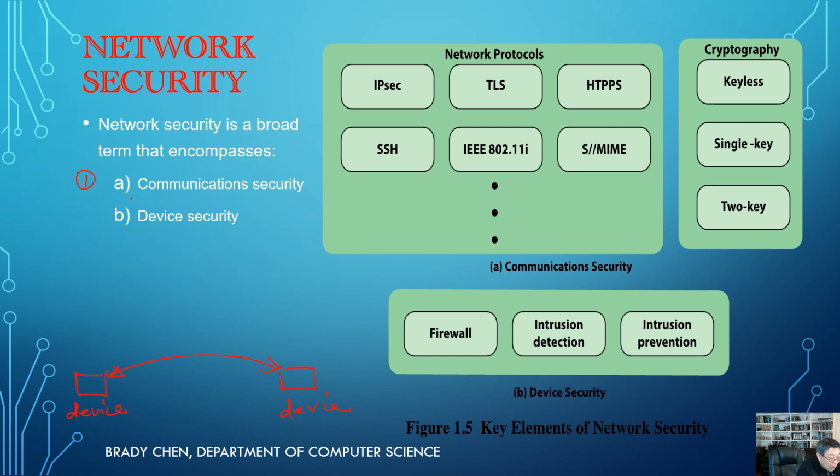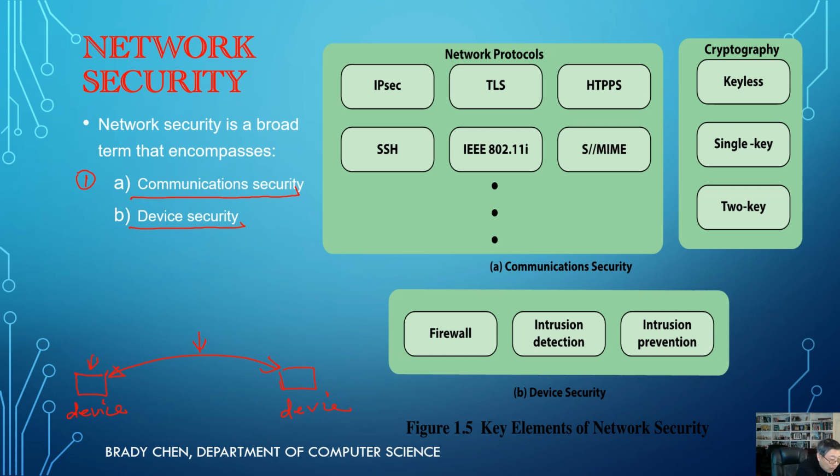One is communication security, which basically guarantees that the messages between two devices are secure. The other one is device security. Make sure that you protect the device from the intruder who wants to gain access and perform some kind of malicious action.